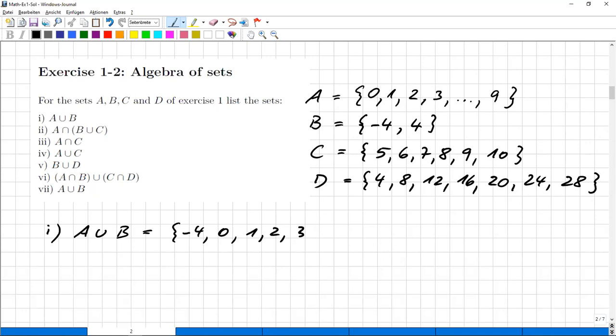Now, the 4 is contained twice, here as well as here, yeah, in both sets, but it's better, I think, to put it here so that we can see it. Now, the question is, well, I just make a proposal. I write down 4 again, and then I go on.